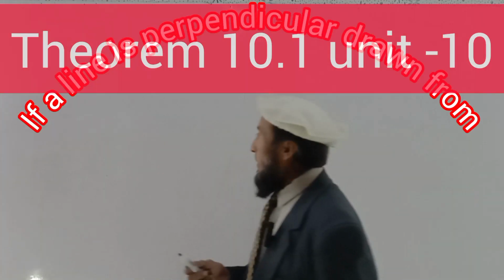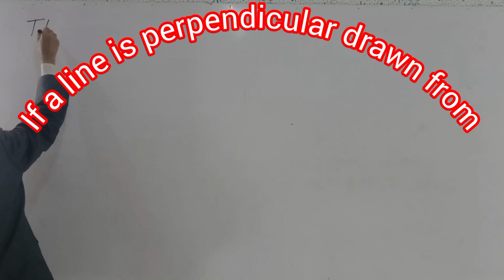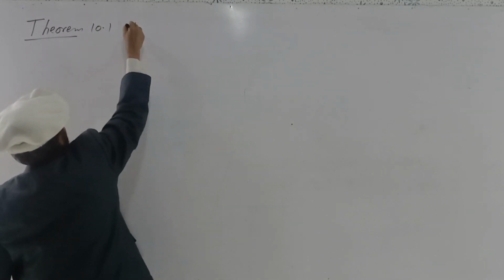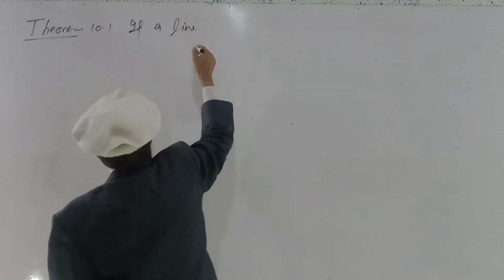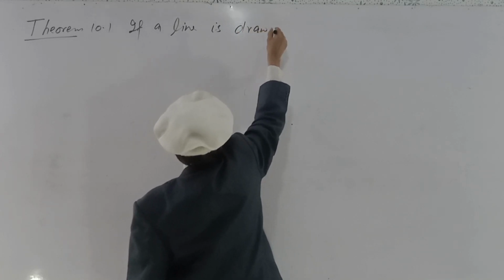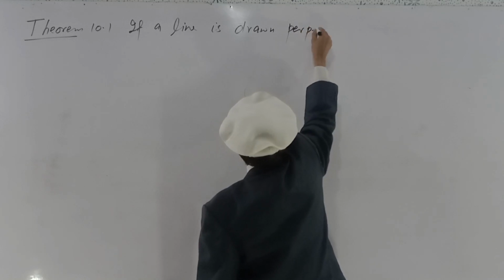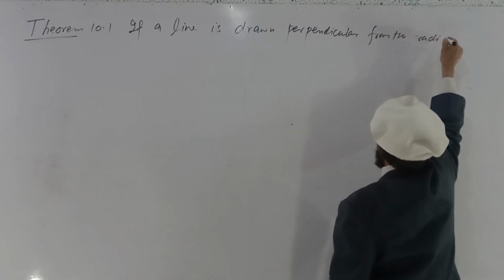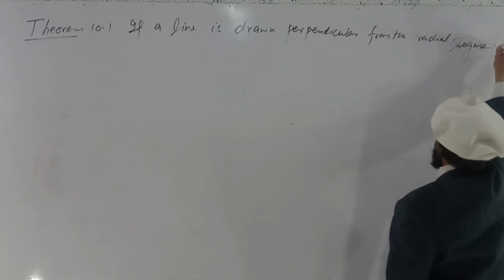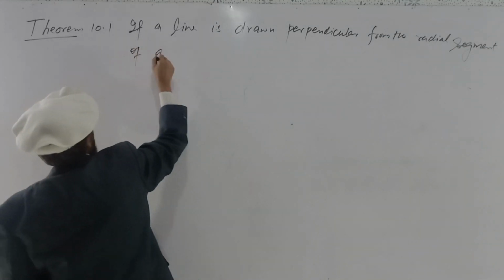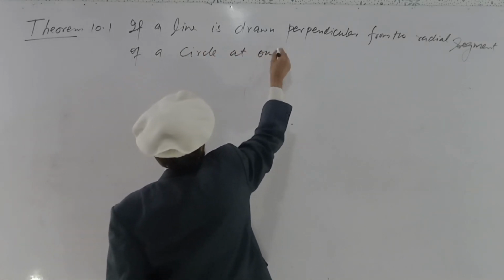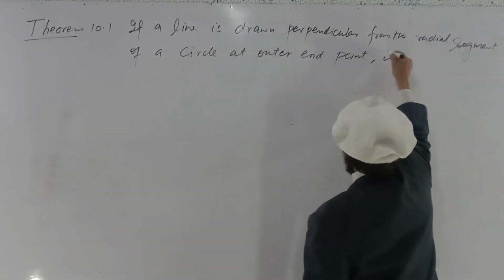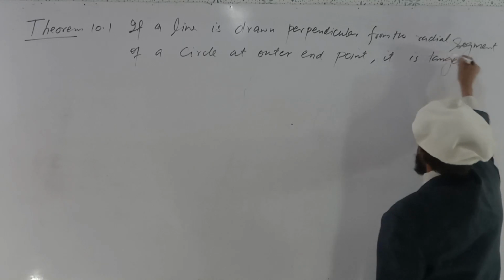Theorem number 10.1: If a line is drawn perpendicular from the radial segment of a circle, at its outer end point, it is tangent to the circle at that point.